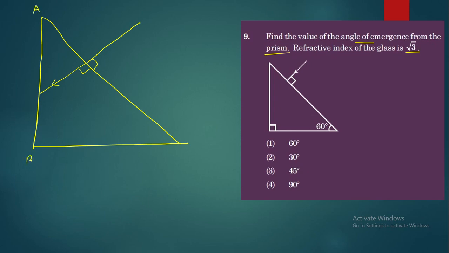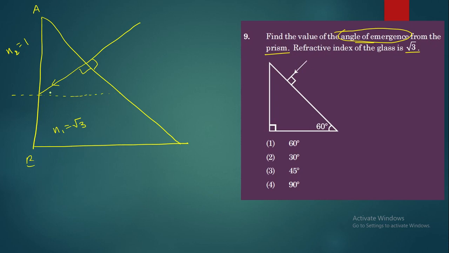Now since we are supposed to calculate the angle of emergence, what is the angle of emergence first of all? When the light strikes this particular surface, let the surface be AB, then what will happen? It is going from the denser medium, let's say this medium is equal to square root of 3, and the outer medium is not mentioned, therefore I have to consider the outer medium to be 1.